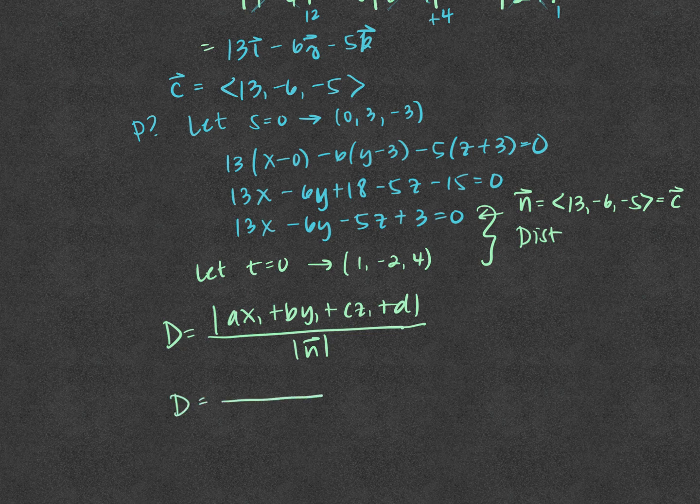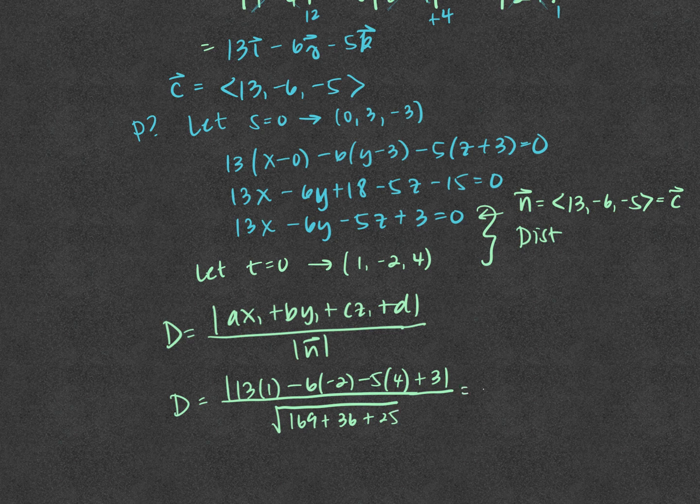So d equals, a is 13 times x1, which is 1, which makes 13. Plus -6 times the y of -2, minus 5 times the z of 4, plus the d of 3, over the length of n, which is the square root of 13 squared plus 6 squared plus 5 squared.